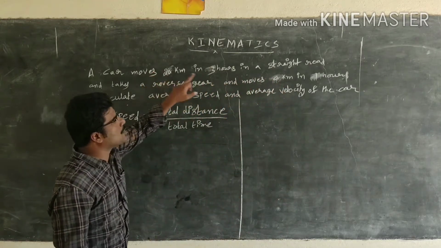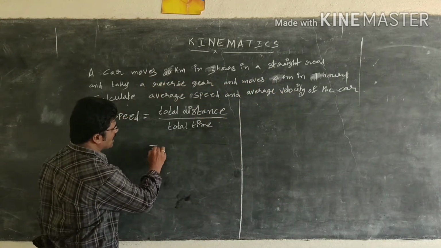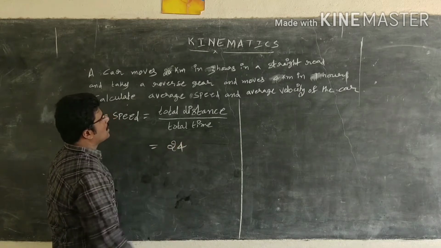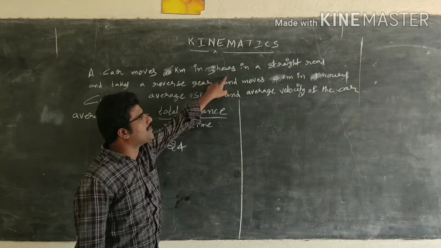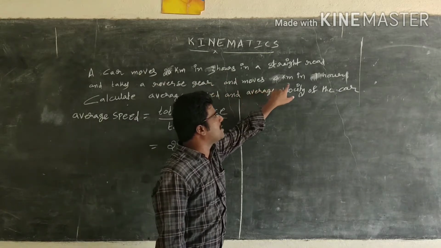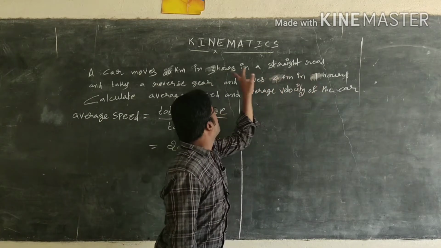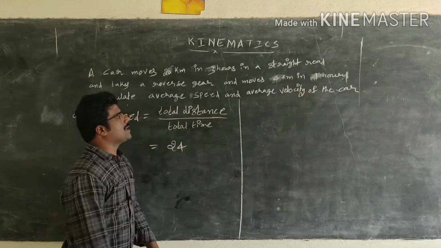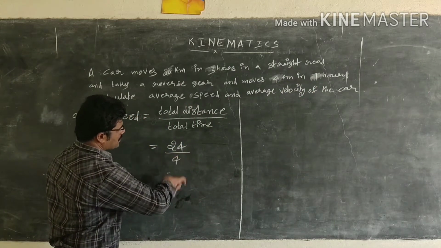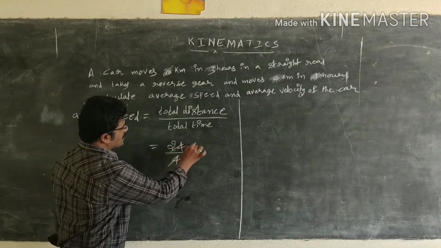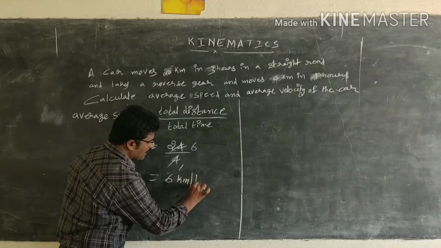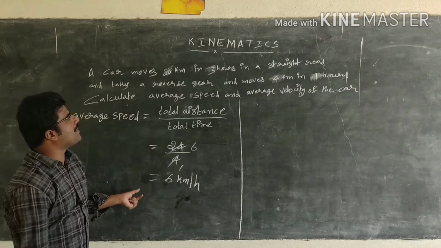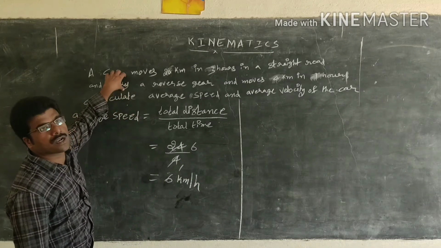So totally 20 plus 4, that is 24. For time, for 20 kilometers, it takes 3 hours, and for 4 kilometers, it takes 1 hour. So 3 plus 1, that is 4. So 24 by 4 is 6, that is 6 kilometers per hour. So this is the average speed of the car.